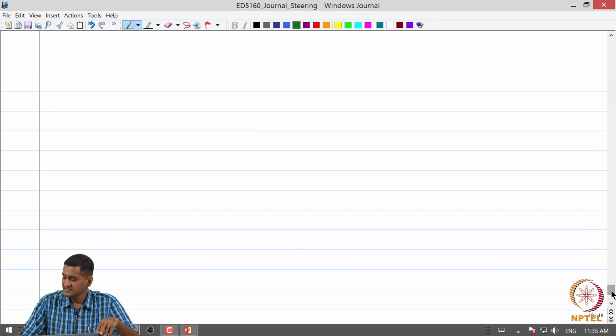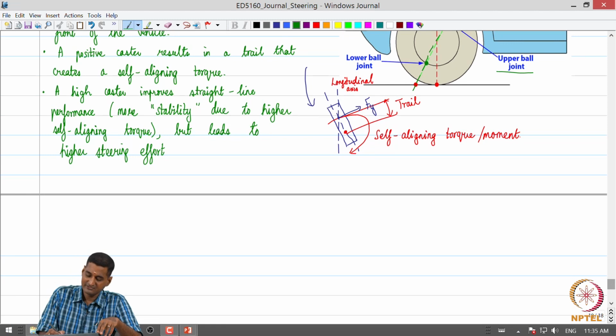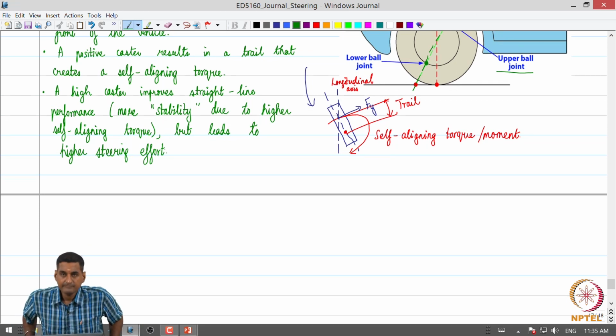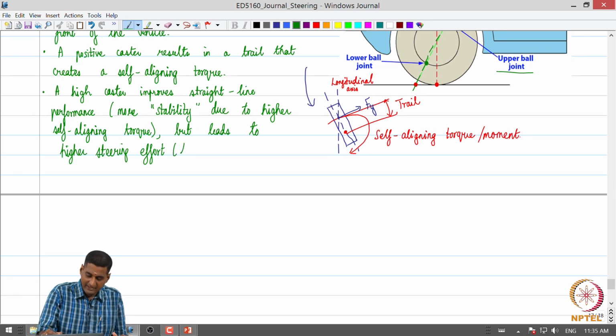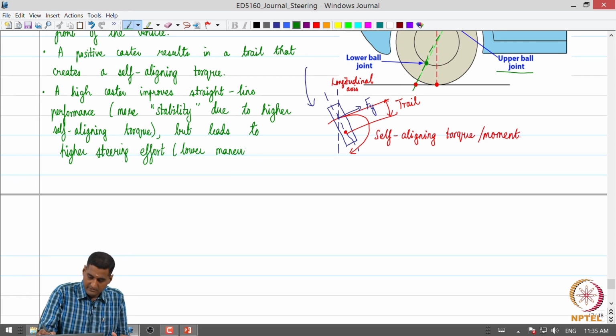So, that is the trade off of having a high caster angle. We get lower maneuverability with high caster angle. So, there is a trade off once again.